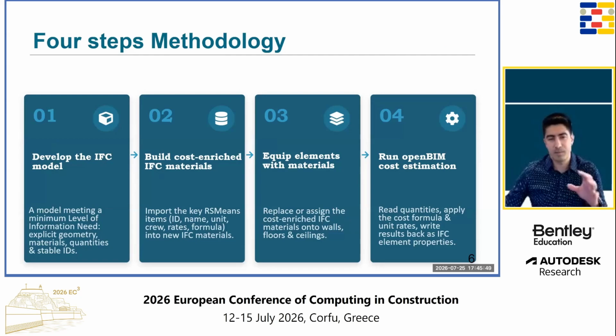For this paper specifically, we used three main elements: walls, floors, and ceiling, and we put those data inside the IFC, and it is all implemented with IfcOpenShell to read and write the IFC, attach prototype property sets, and compute the quantities.